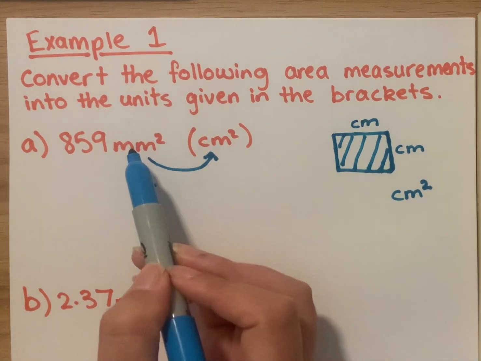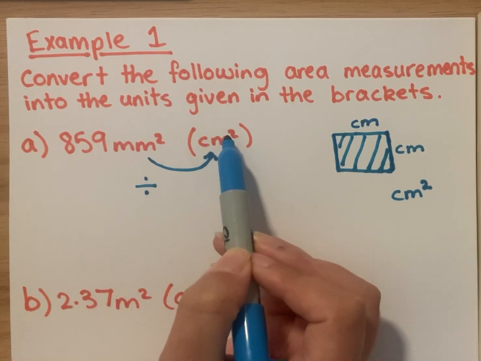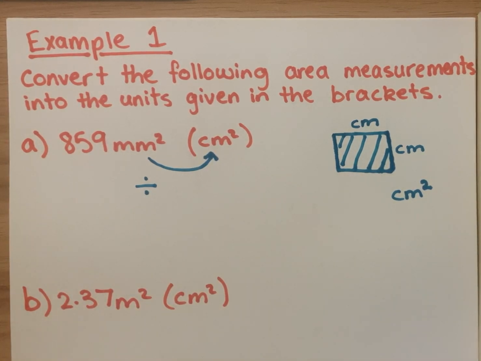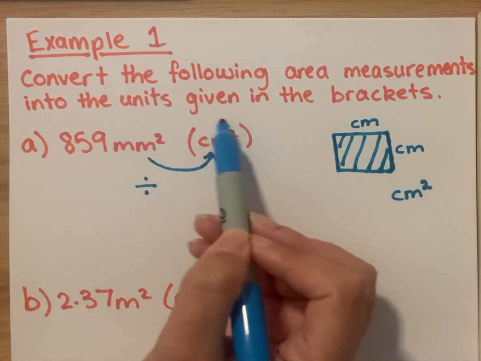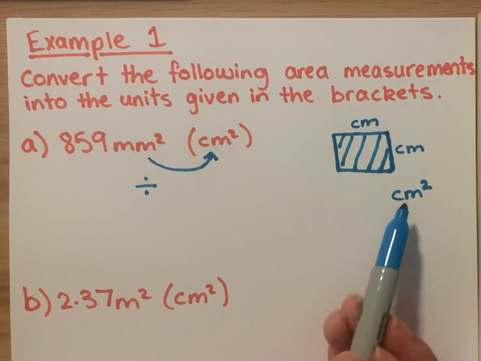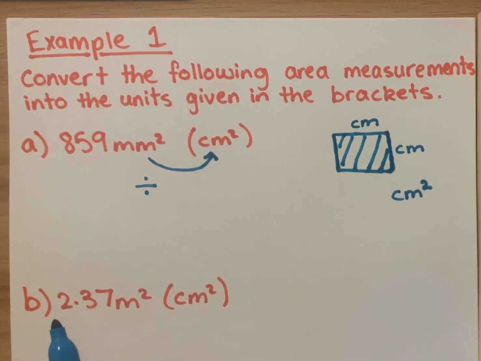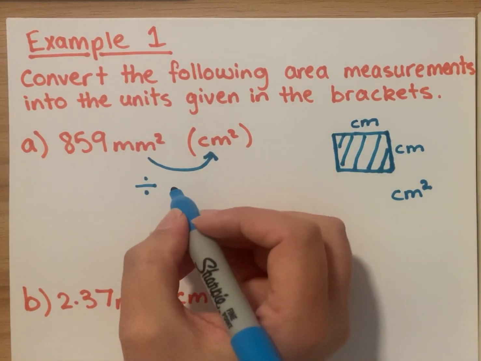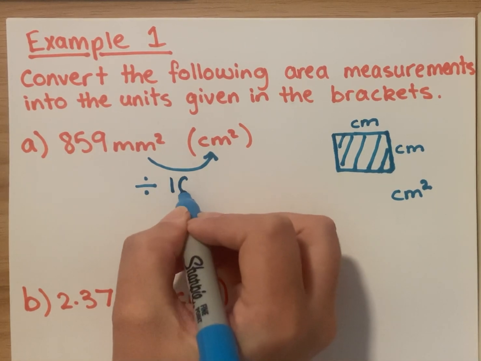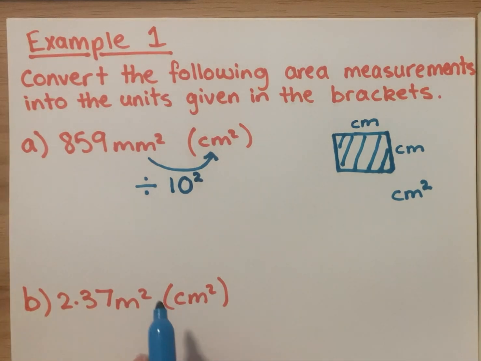Well, we can still ask ourselves how many millimeters in a centimeter. Really what we want to know is how many square millimeters in a square centimeter. But if we go back to length, that's going to help us out because remember that area is just length squared. So how many millimeters are there in a centimeter? 10. So we divide by 10 squared. If we were converting from millimeters to centimeters, we would divide by 10.